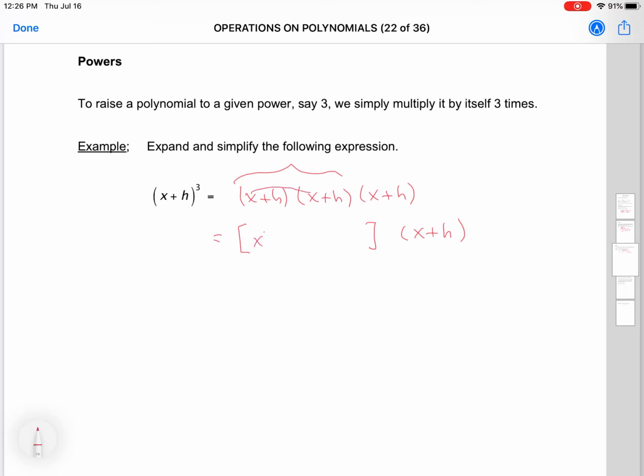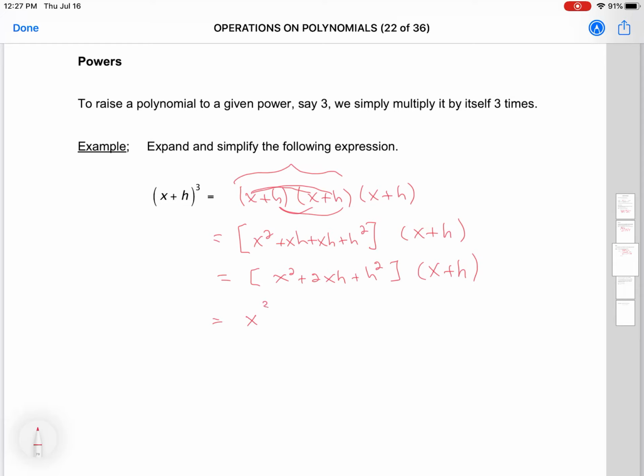So, x times x, x times h, h times x, h times h. What we got here is x squared plus 2xh plus h squared, times x plus h. And here we go again, the FOIL thingy.